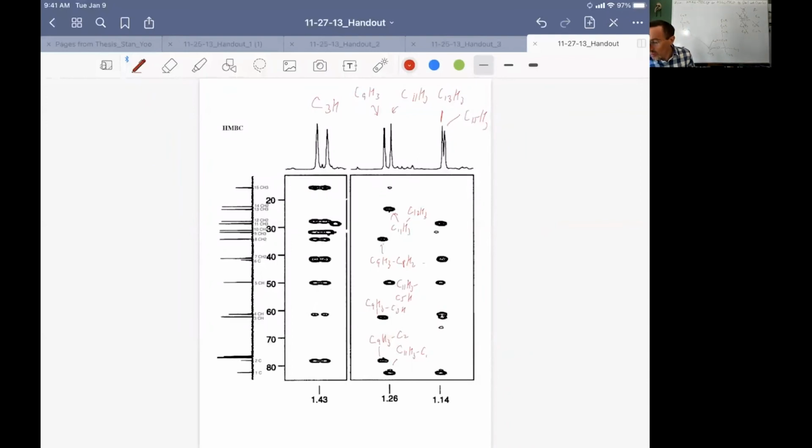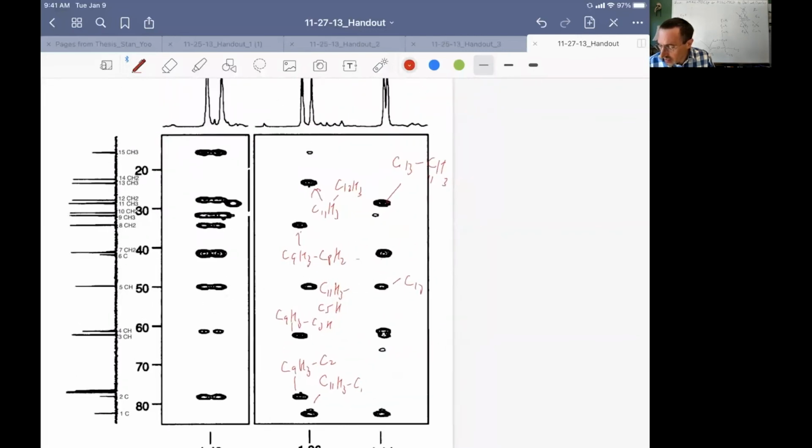We already know all of our cross peaks for C13 are going to be accounted for because we've placed C13, because it crossed with C11. And here's the complementary cross peak where C13 is crossing with C11H3. And every other cross peak we can already sort of account for.